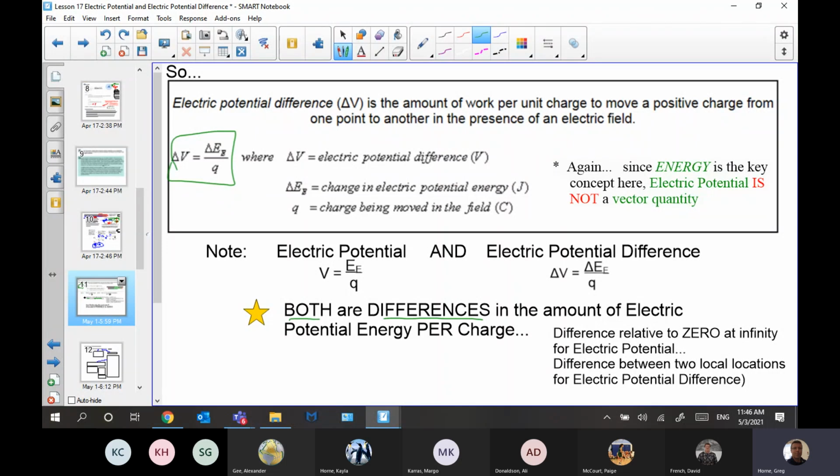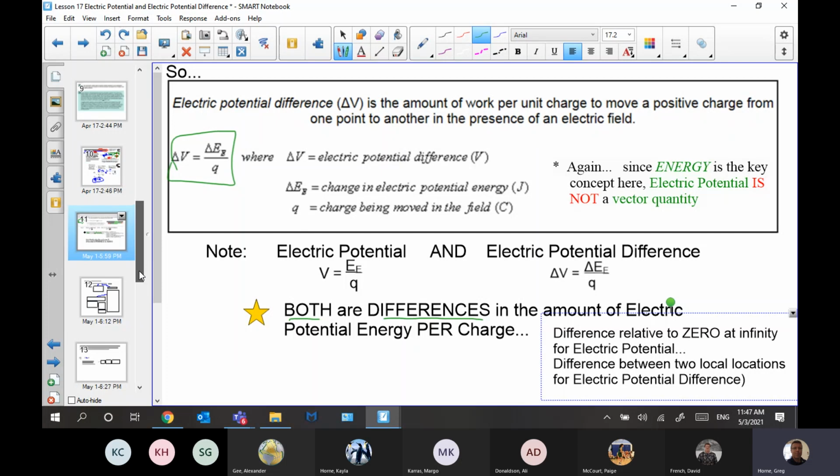I'm not going to leave it written here as delta, because it would be misleading if you see it written as delta later on. So I do have that written there: difference relative to 0 at infinity for electric potential, and difference between two local spots for electric potential difference.